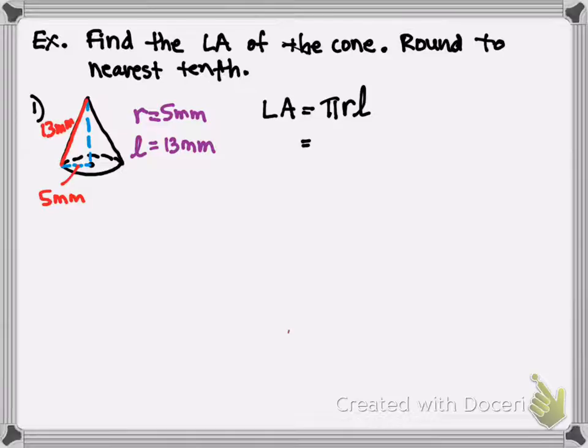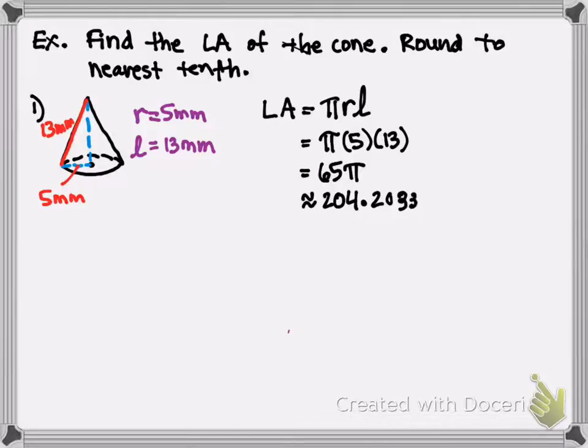And we're going to take pi times the radius, which is 5, times, oops, sorry, I'm supposed to put a number there, 13, which is our slant height. We multiply 5 times 13, which is 65 pi. Then I pull out my calculator and do 65 times 3.14159, and I get 204.20335.